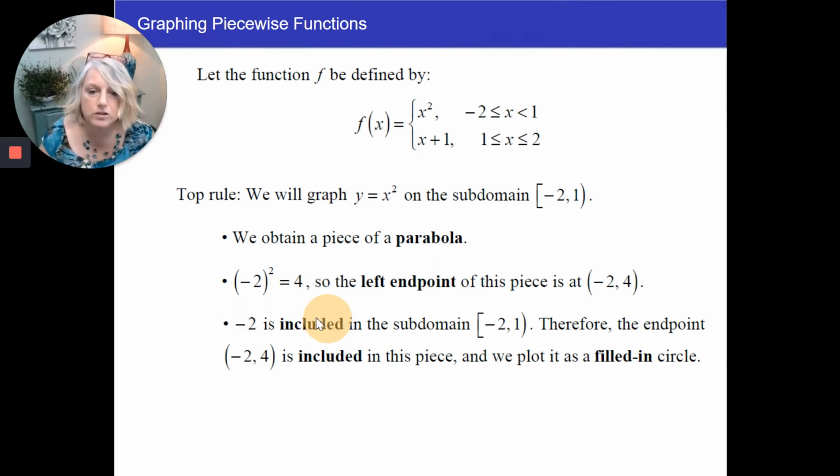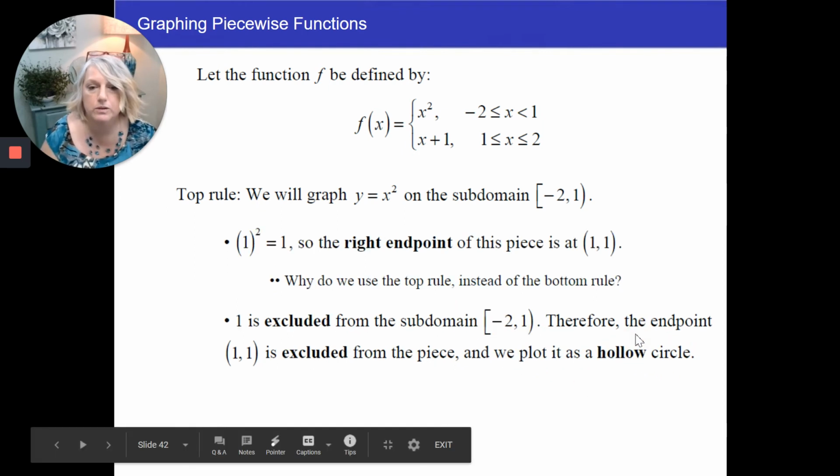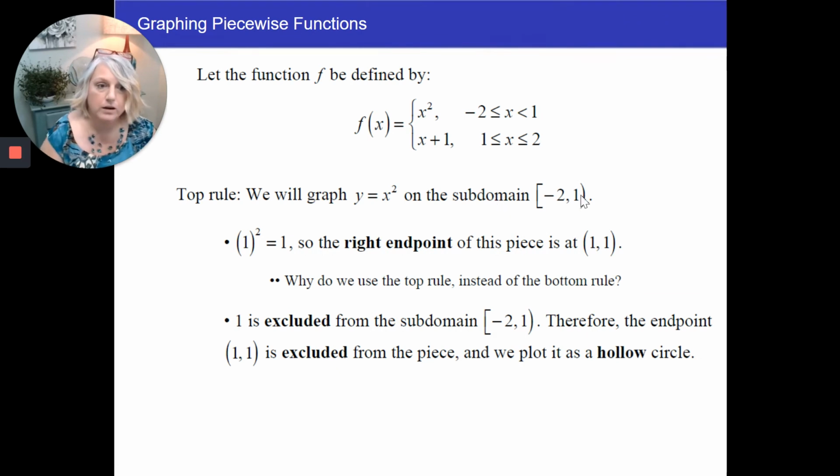That's included in the subdomain because of the bracket, and so I'm going to make that a filled in circle when we do it. Now the second endpoint over here at 1, if I plug 1 into the parabola, the right endpoint is at (1, 1). Now don't get confused. When I am doing this graphing, I'm not finding a function value.